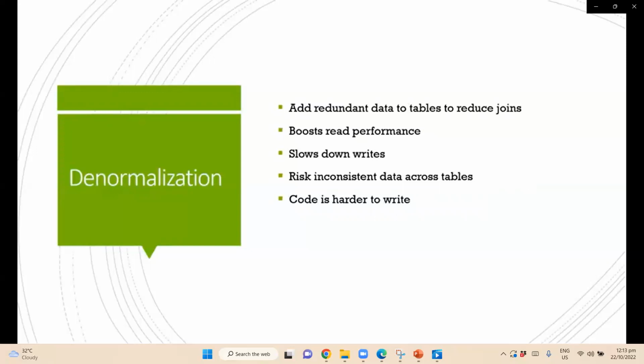Denormalization is where you actually go against a standard best practice with relational databases and you add redundant data to tables so that it reduces the amount of joins you need to do, which improves your read performance.